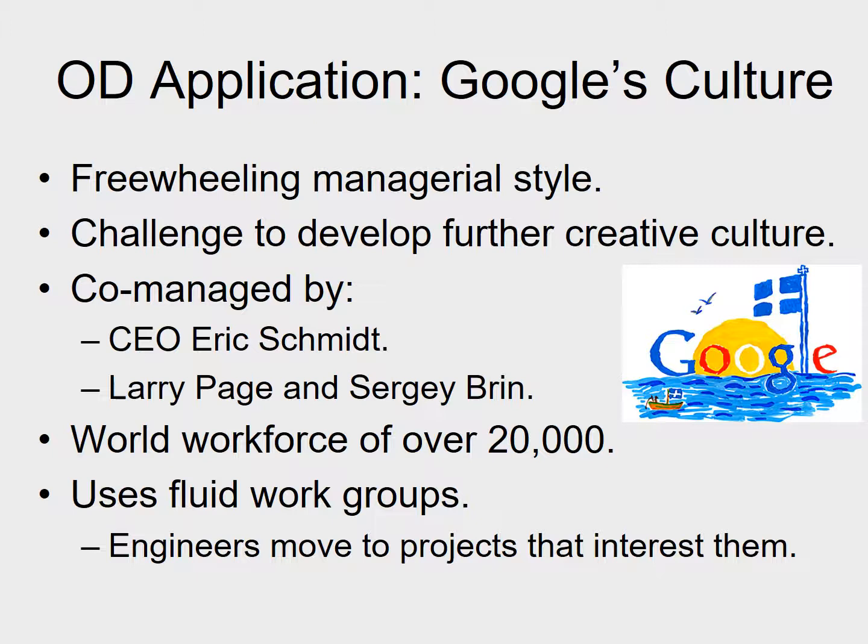And they also use very fluid work groups. They have teams that are used to working together, but they're allowed to move to projects that interest them. In fact, employees are encouraged to take a portion of their time to spend on projects that are sub-projects or projects with other teams. So that's the fluid part. Everyone knows the work group they're involved with as their primary work group.